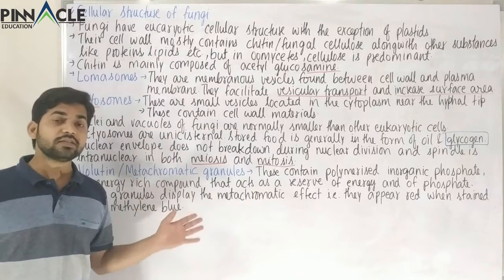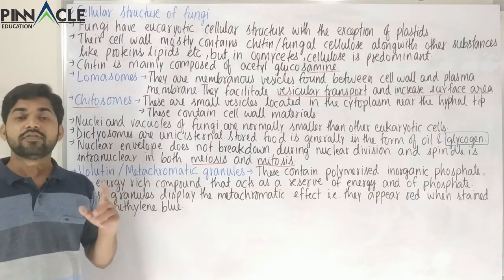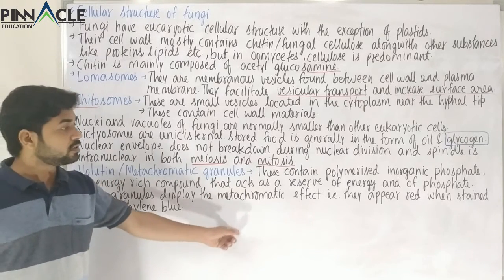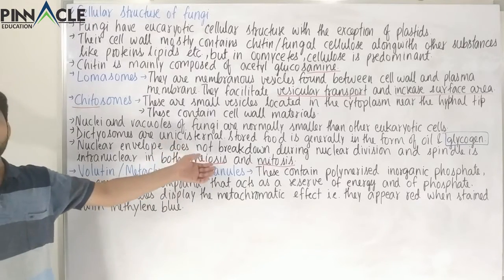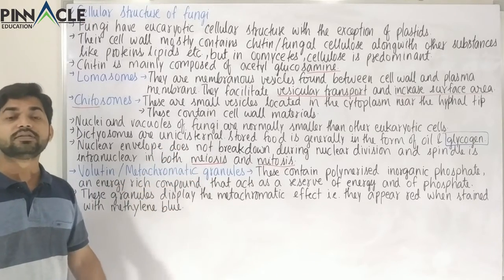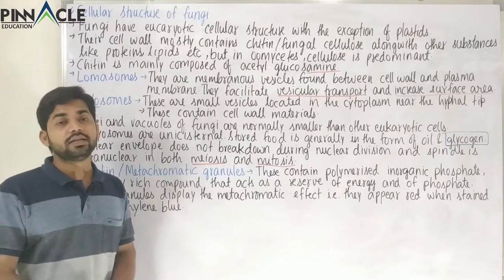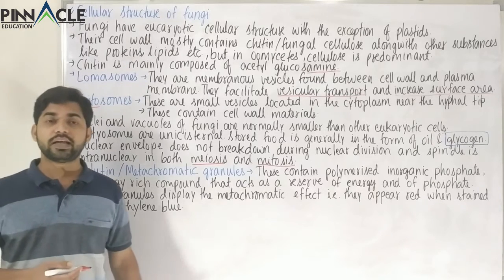In either meiosis or mitosis, the nuclear envelope will not break down, and the spindle fibers will be formed inside the nucleus. So whether it is mitosis or meiosis, the spindle fibers are not formed in the cytoplasm or outside the nucleus.